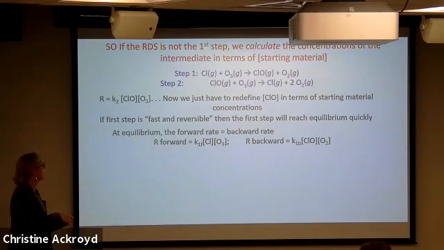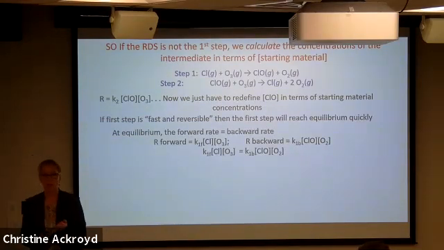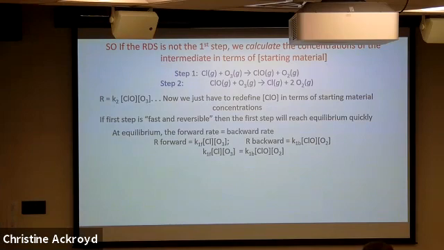It would be equal to a rate constant times the concentration of ozone to the first power, chlorine to the first power. The backward one would be the concentration of intermediate to the first power, oxygen to the first power. Okay, set them equal to each other. Now do we have an algebraic expression that we can rearrange to come up with an alternate definition of our intermediate concentration?